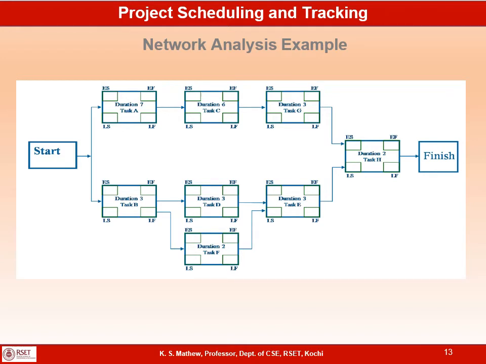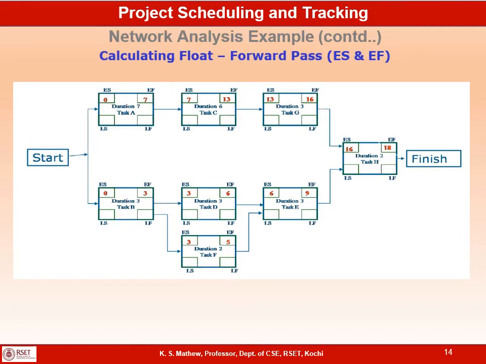Assume that the project starts at time 0. So the early start of task A will be 0, and the duration of task A is 7. So the early finish of task A is 7, and task C depends on task A. So the early start of C will be 7, and the duration of C is 6.